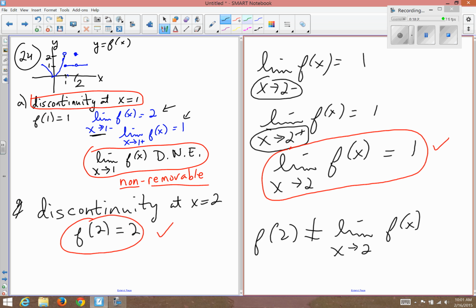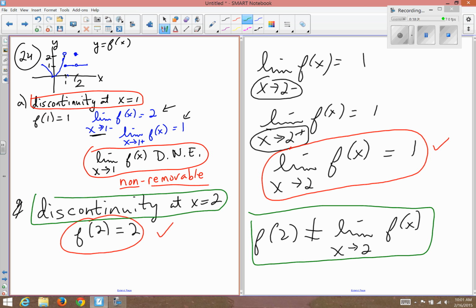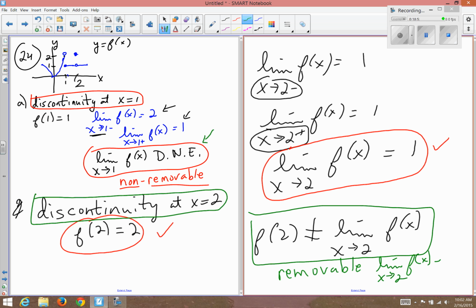So here's the reason for the discontinuity at x equals 2. Notice the discontinuity at x equals 1 was for a different reason. And the discontinuity at x equals 2 is actually removable, because the limit of f of x as x approaches 2 exists.